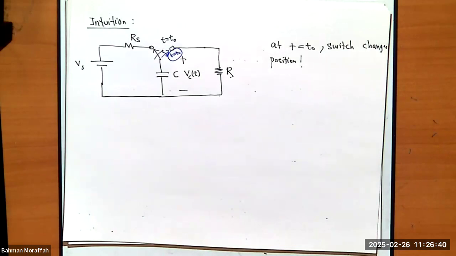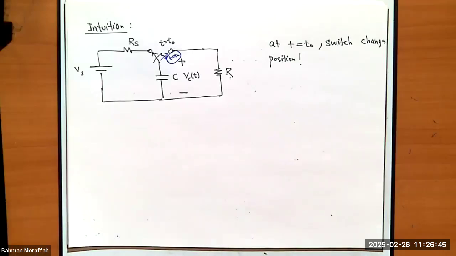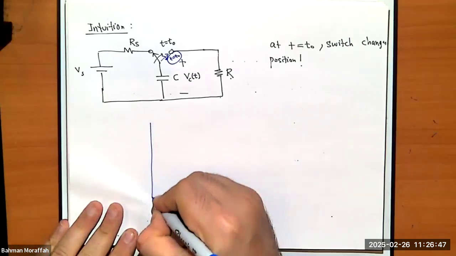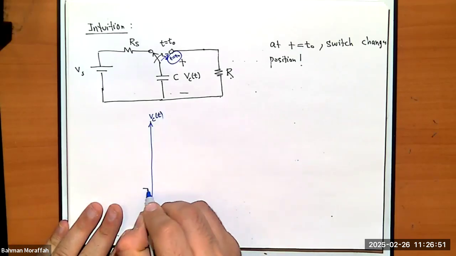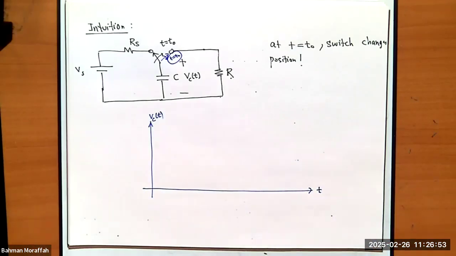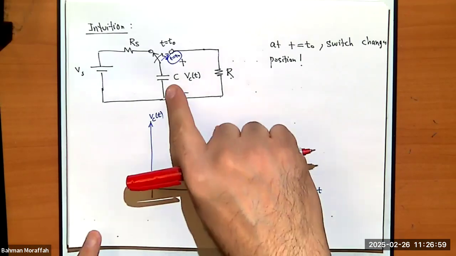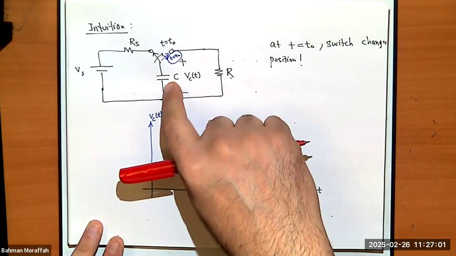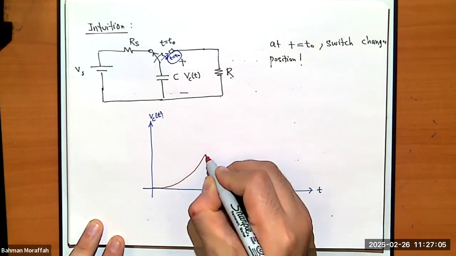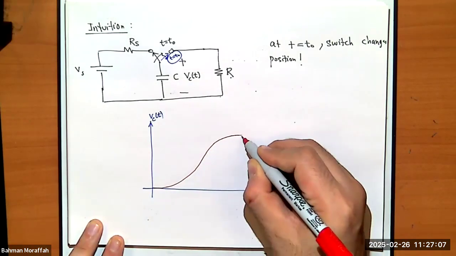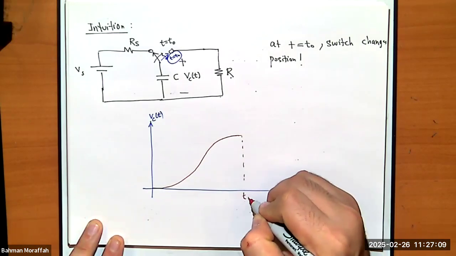Right? So if I want to just draw how it works, let's say this is voltage across the capacitor, and this is time. What's happening is that this capacitor is charged up to time t naught. Let's say this is time t naught.